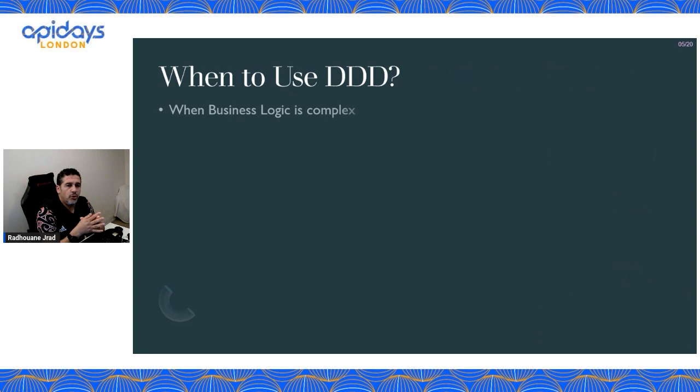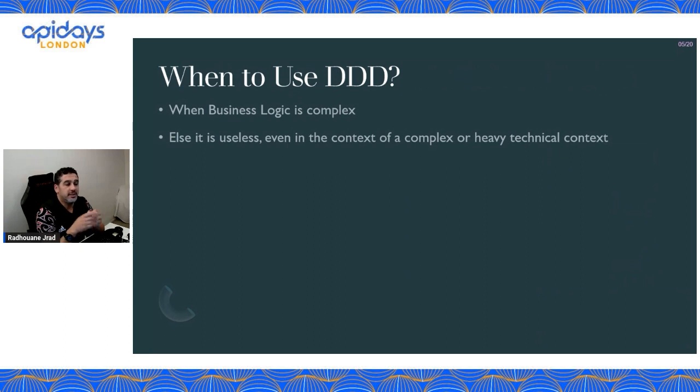Now, the normal question is, when do we use DDD? We use it when the business logic is complex. This is very important. If the business logic is not complex, for example, it's a small company, you have one piece of software that does everything, with few people, it's very hard to find a place where you can divide those functionalities within the same application, within the same company, into different ones.